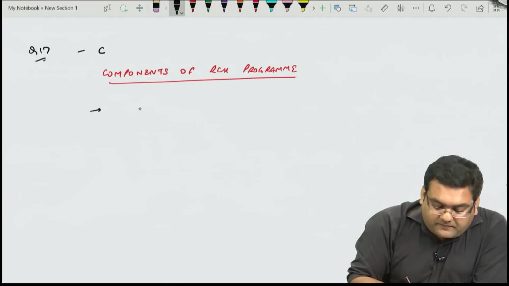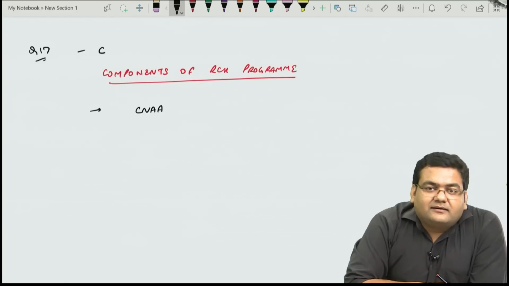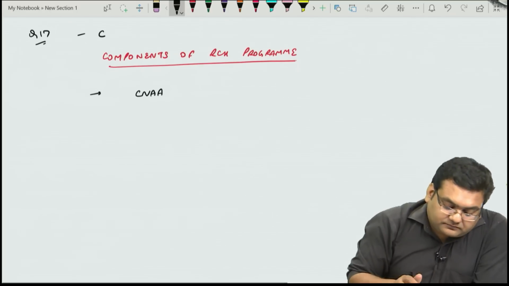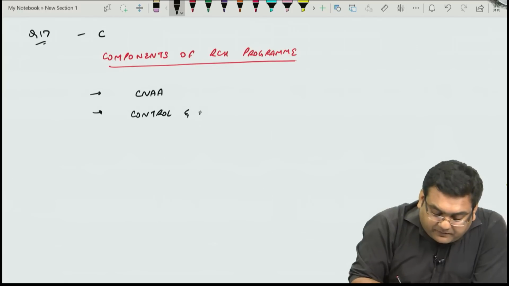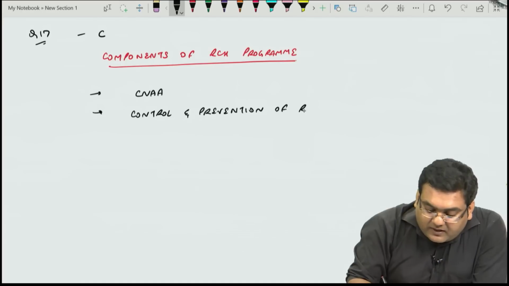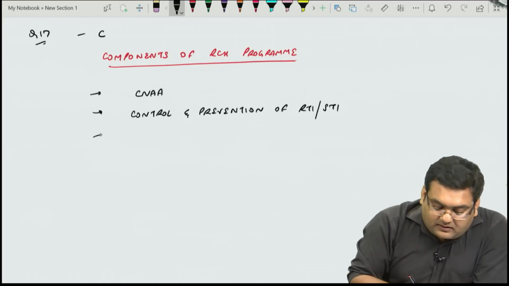First is your community needs assessment approach. Second is control and prevention of RTIs and STIs. Third important feature is adolescent health.